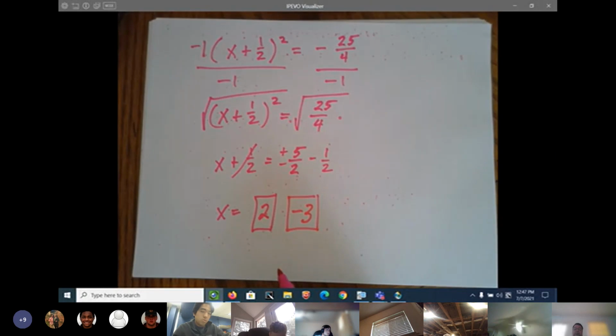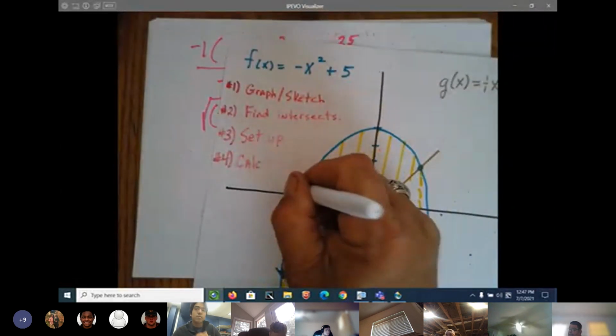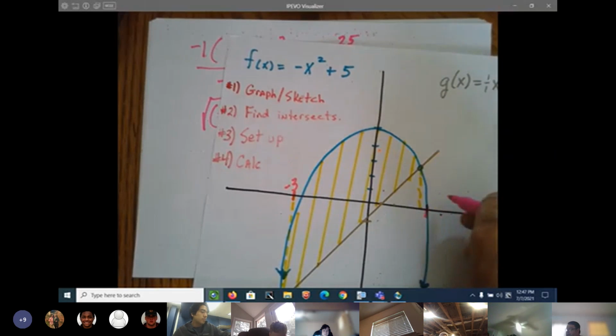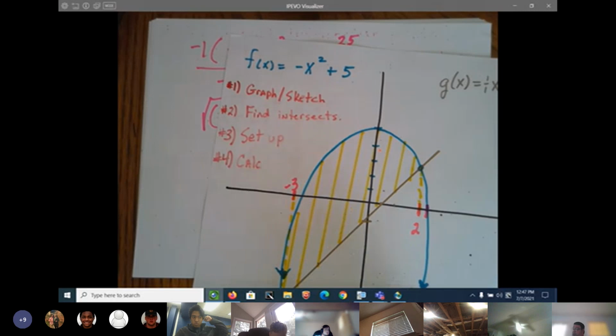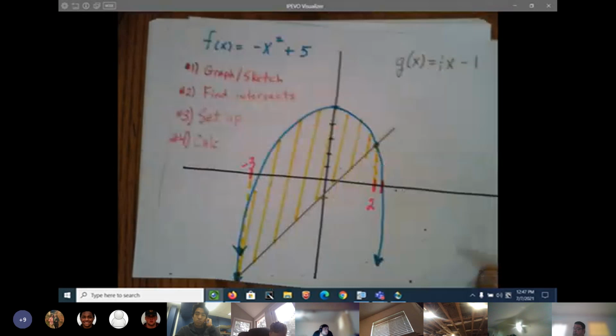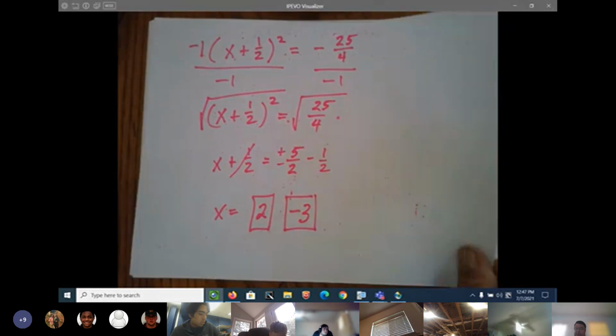So our intersection points are negative 3 and positive 2. So our area is going to be from negative 3 to positive 2. So I'm going to set up my parameters and my antiderivative.